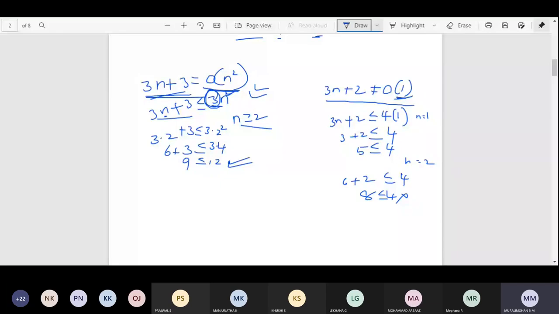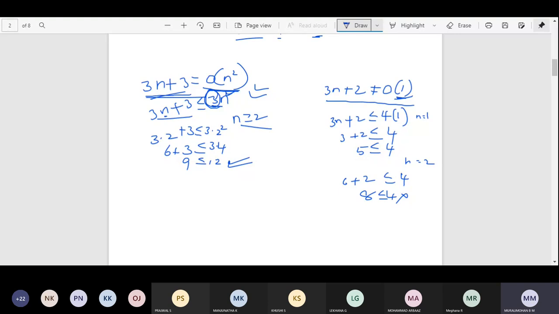Because you should write the reason also here. 3n plus 2 is not less than or equal to c, whatever the c value you take. So for any constant c and all values of n, this is the reason you should write.